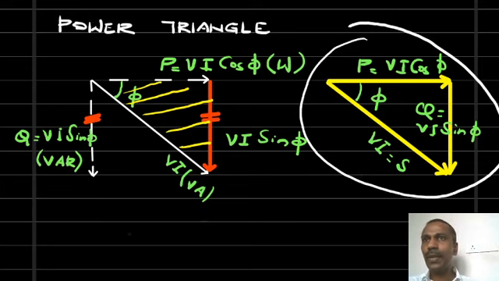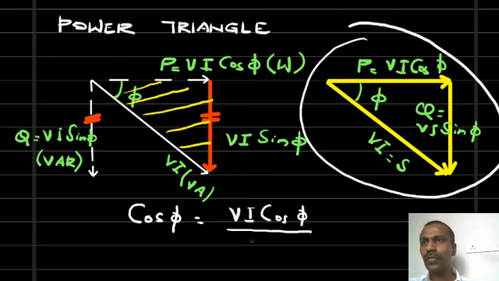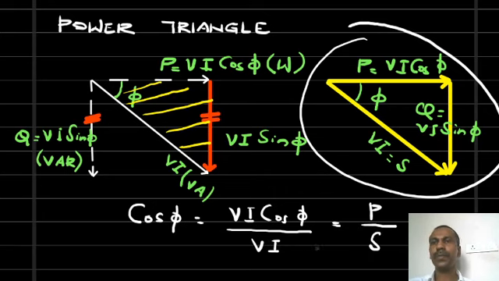From this triangle you can write cos phi is equal to VI cos phi divided by VI. What is VI cos phi? This is active power. VI is apparent power. Actually, the total available power is VI.